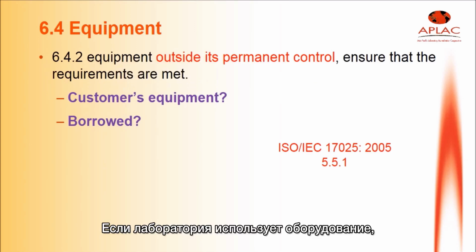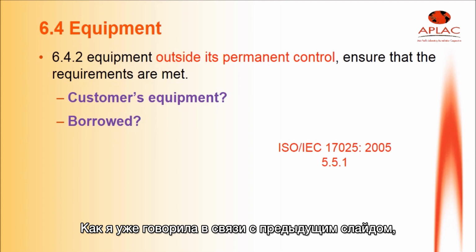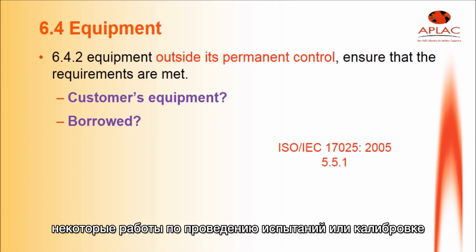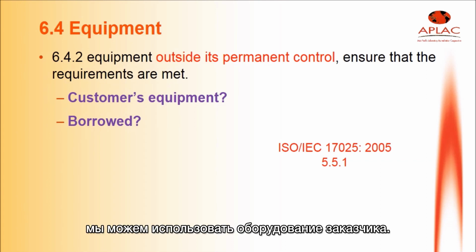When the laboratory uses equipment outside its permanent control, the laboratory shall ensure that the requirements for equipment of this standard are met. So how to interpret equipment outside its permanent control? As I said in the previous slide, some testing or calibration activities are conducted at the customer site. For equipment which is not easy to transport, can we use the customer's equipment?